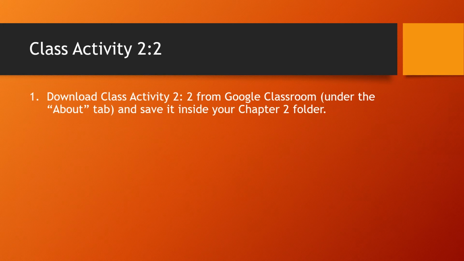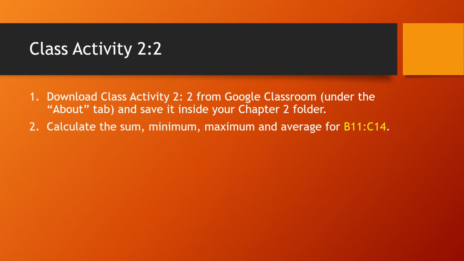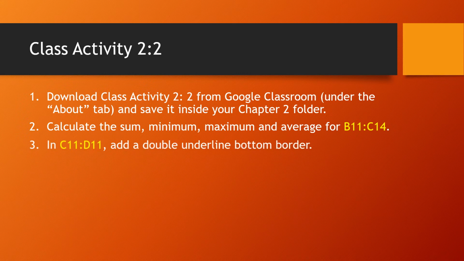You have just finished the listening portion of 2-2. Please download Class Activity 2-2 from Google Classroom under the About tab and save it inside your Chapter 2 Excel folder. Calculate the sum, minimum, maximum, and average for B11 through C14.